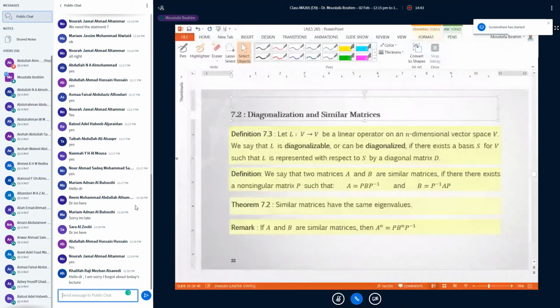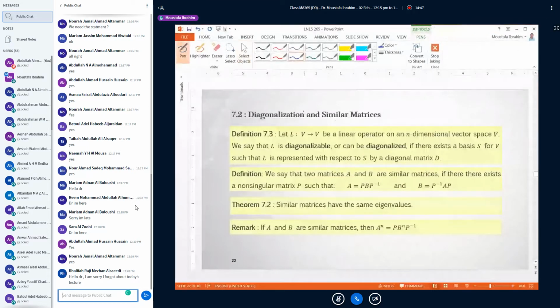Okay. So what do we have here? We have section 7.2. This is the last section for this course, guys. It's very important. You will see here, we are going to use again all properties, all the basic notions that we have seen before: determinant, properties of determinant, REF, how to find eigenvalues, eigenvectors.